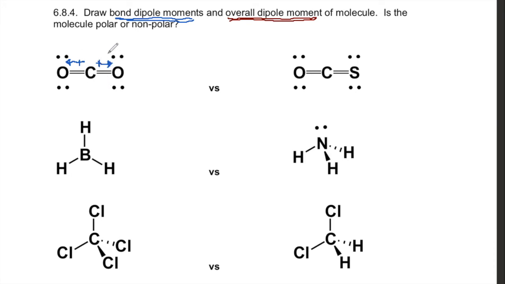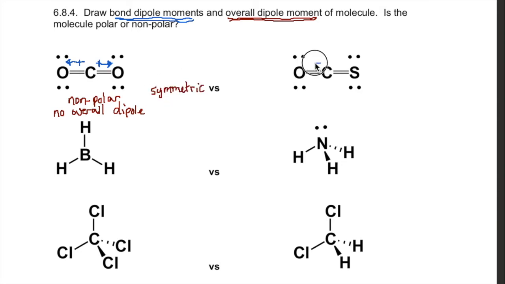However, these two polar bonds are pulling in opposite directions, so they cancel each other out. This molecule is symmetric. So overall, the molecule is nonpolar. There's no overall dipole. And that is because it is a symmetric molecule.